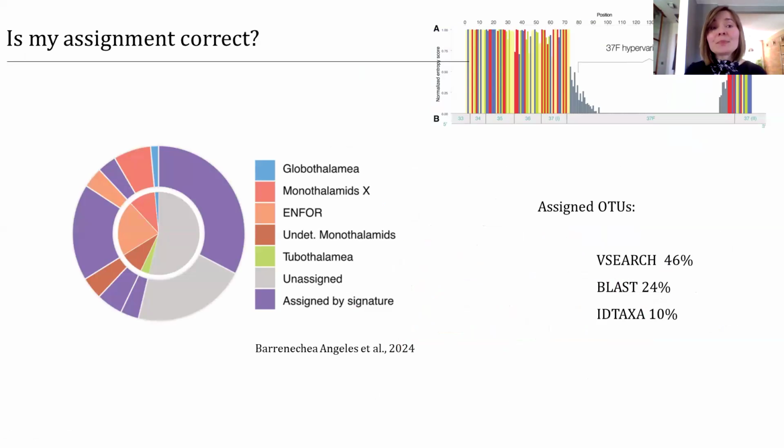Another point we need to keep in mind when obtaining our sedimentary DNA data and trying to interpret it as a proxy is the assignment. Because, as I mentioned before, the identification of sequences, the assignment, is based on a comparison of our DNA sequence with the reference database.